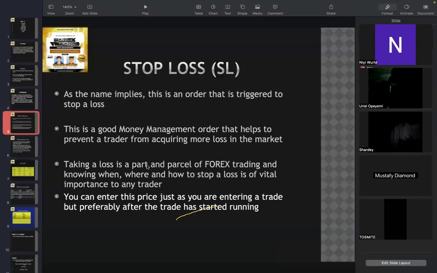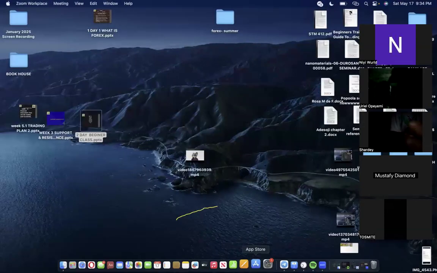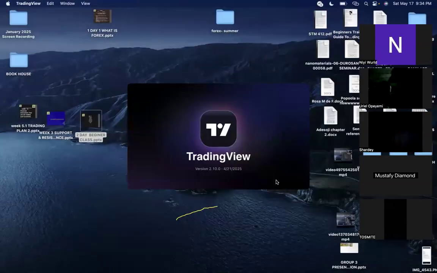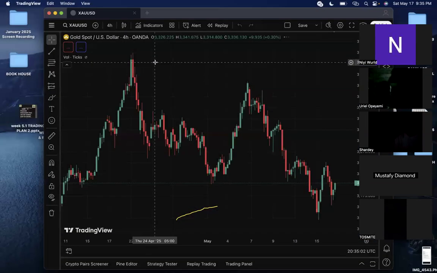So the stop loss is what you set to avoid losing beyond a particular place. Let me try to use my chart for you. Trading is actually simple.